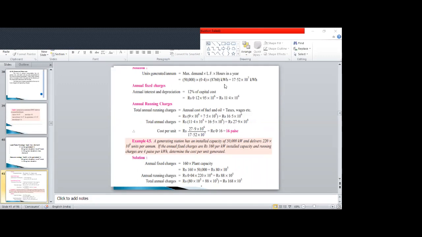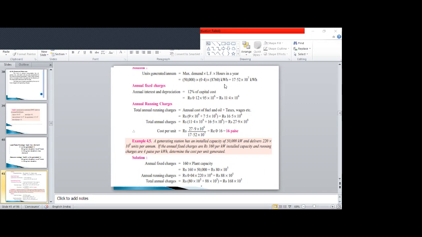Next problem, write down. A generating station has an installed capacity of 50,000 kilowatts. The capacity of the generator station is 15,000 kilowatts and it delivers 220 into 10 to the power 6 units per annum. Again, here units means kilowatt hour. For 1 year, it is producing 220 into 10 to the power 6 units, or so much kilowatt hour.